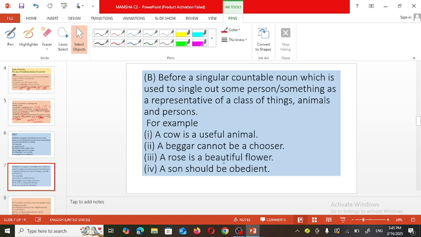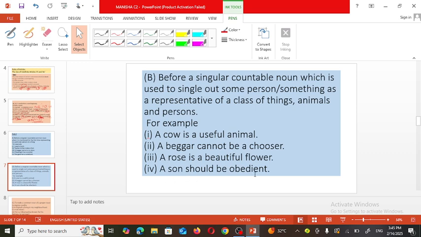A rose is a beautiful flower. A rose, a beautiful flower. Beautiful is an adjective, and before that we have used this, it has come for a singular flower and that's why article A is there before it. And rose means any rose, that category of flowers, therefore article A has come before rose.